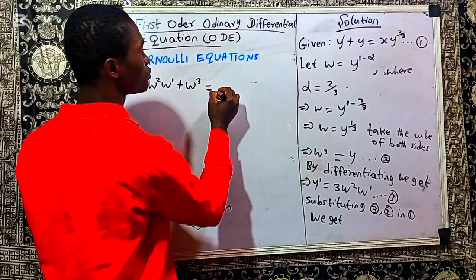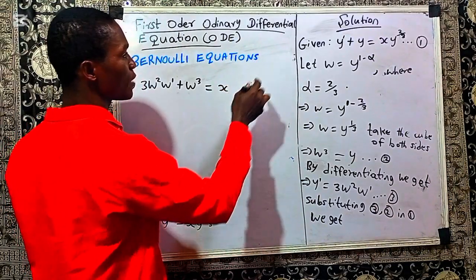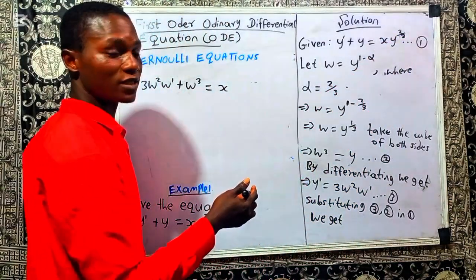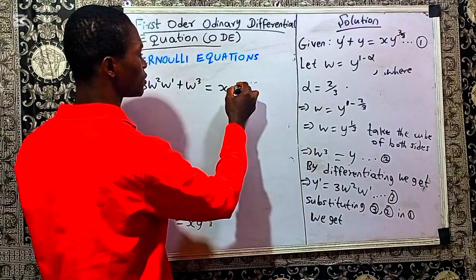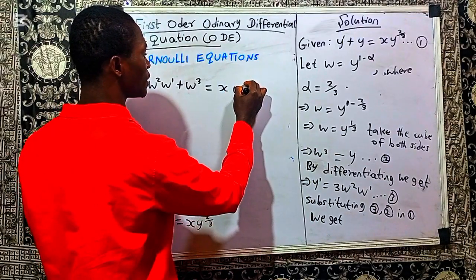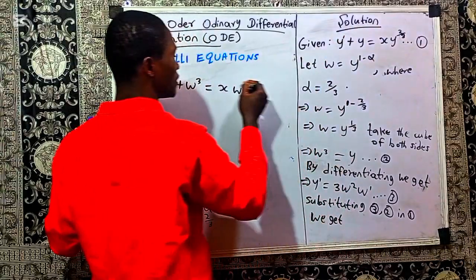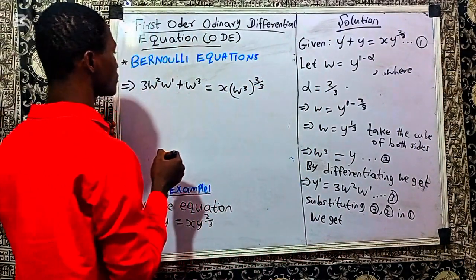Then equal to, what do we have here? We have x, y raised to power 2 over 3. From equation 2, y is w raised to power 3, so that's all raised to power 2 over 3.